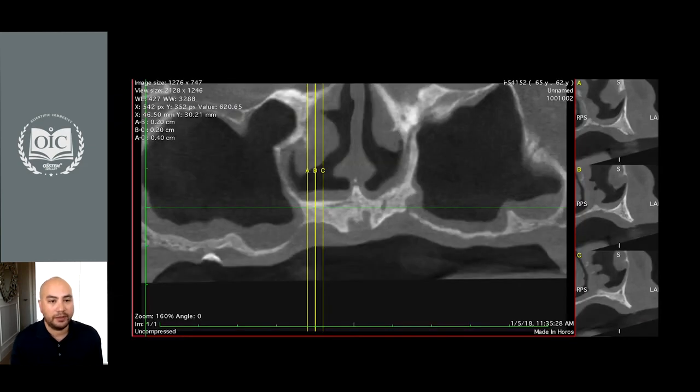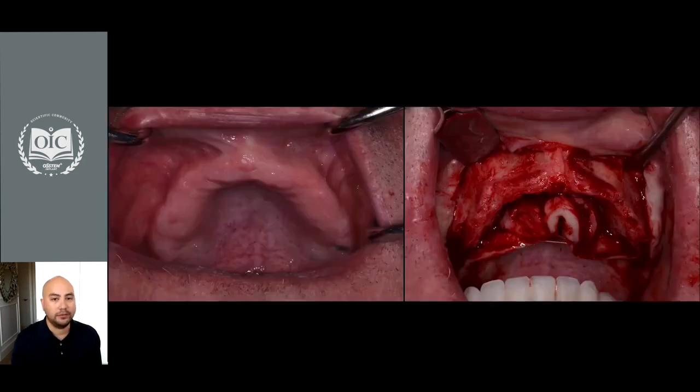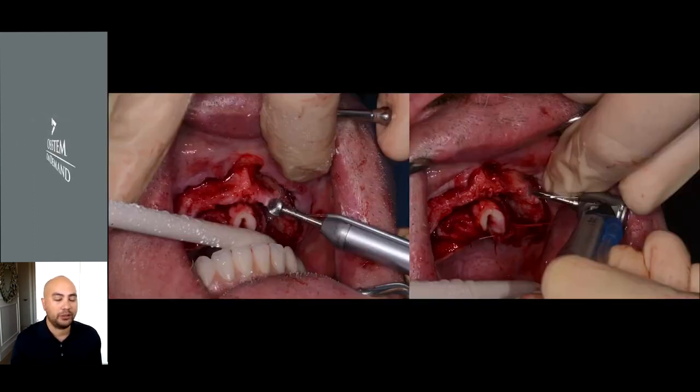As you can see here from the pre-op CT scan, the case was quite challenging, and a 3D printed model can basically help us to position the implants correctly and plan the right size of the implants.